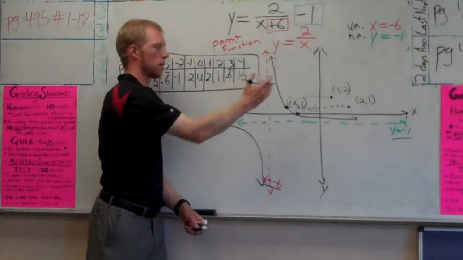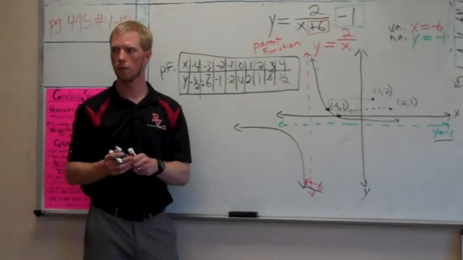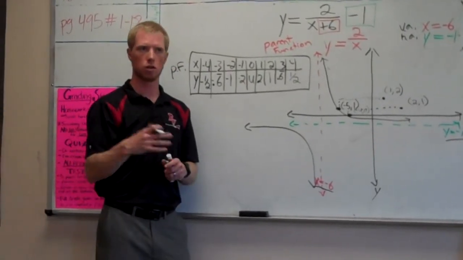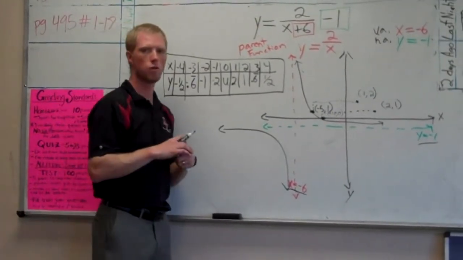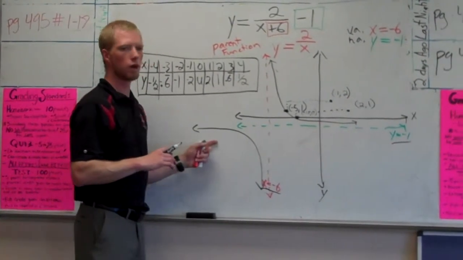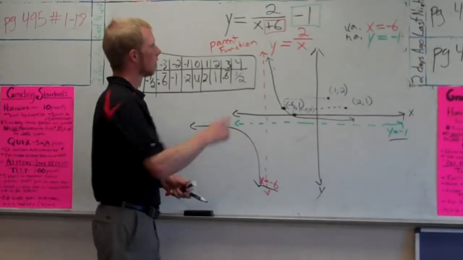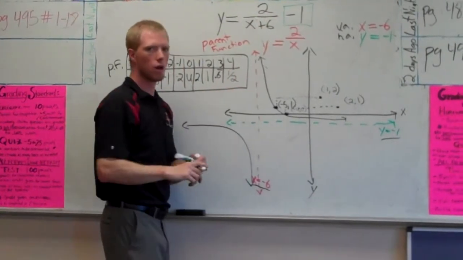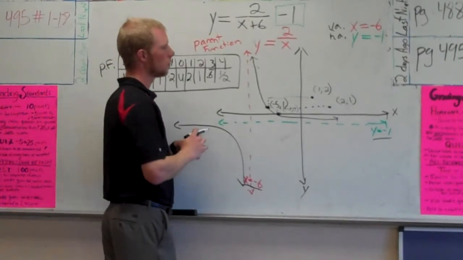This graph right here is good enough. Now, you can also do this on your TI-84 or 83, 82, whichever type you have. If you wanted to do this in your calculator, the pieces that you would need to remember are a few parentheses.